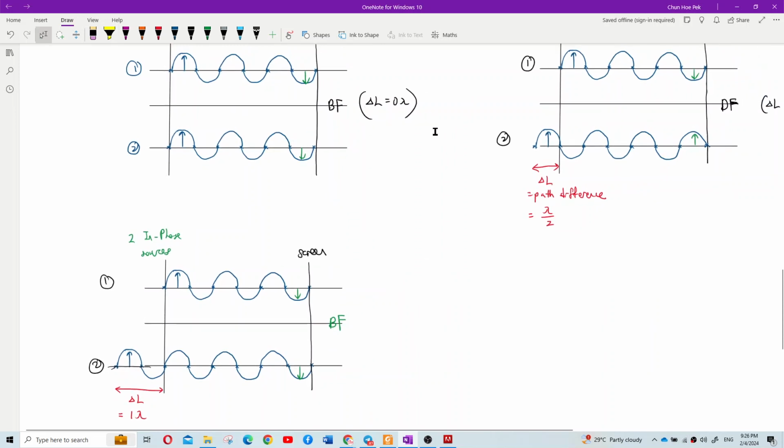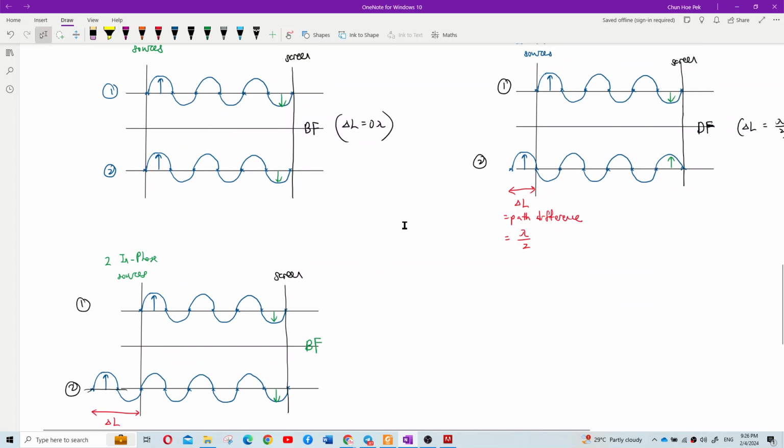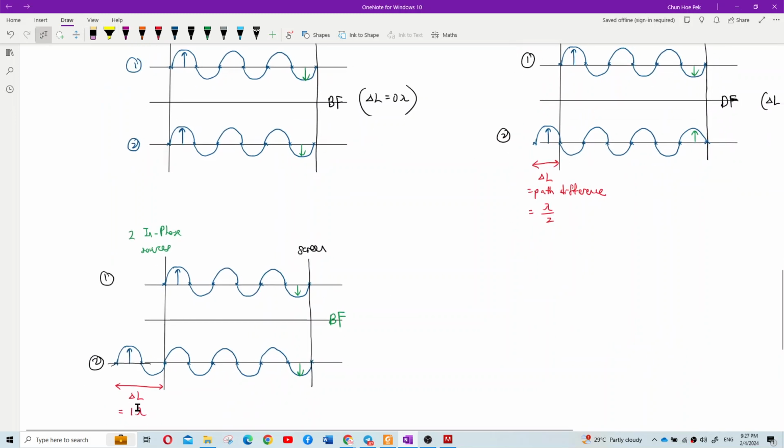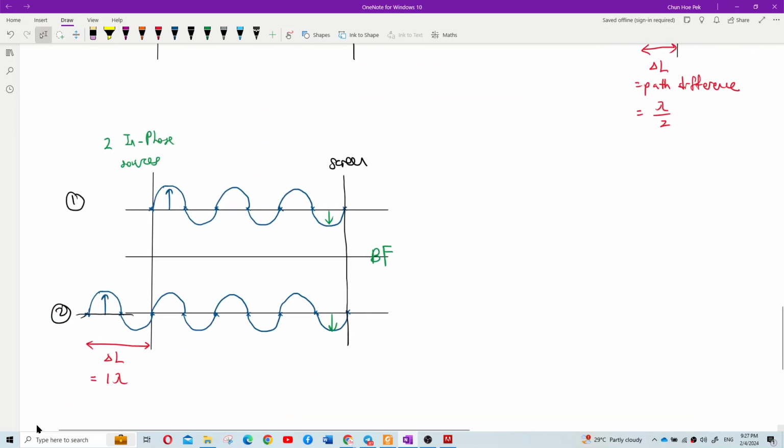The path difference, delta L, is what determines whether you get a bright fringe or dark fringe on the screen. In this case, the delta L is 1 lambda, so I get a bright fringe.